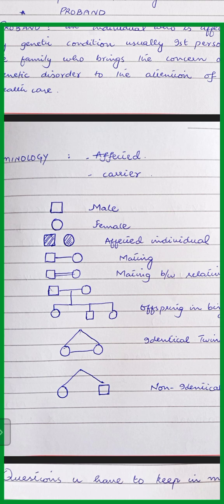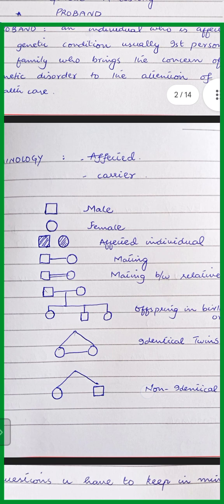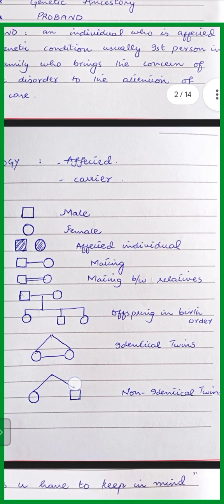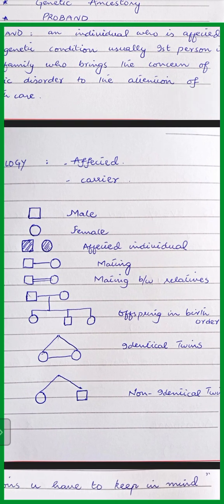The line drawn between both is for mating, and if the line is double, it means cousin marriage, mating between relatives. All right. Then a tree which is coming down, and we can see squares and circles that are the offspring in the birth order.